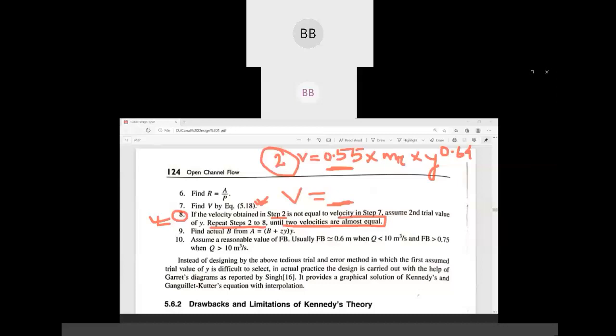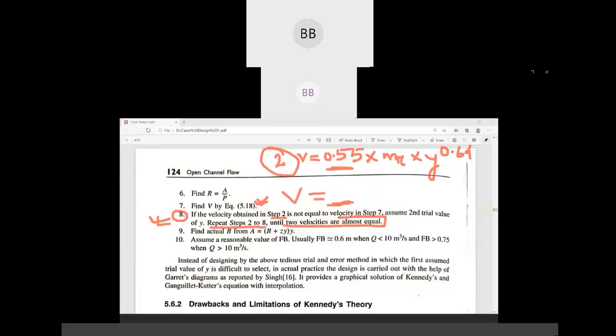So during the exam you have to select one or two depths of flow, or one or two trials. If it comes out the same, then it's well and fine. If it is not coming, then you can leave it there, because it is not possible to do these manually.